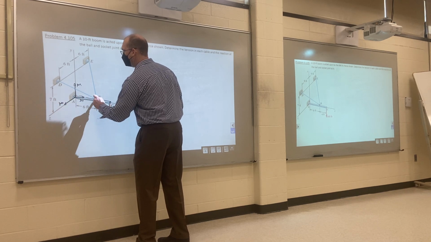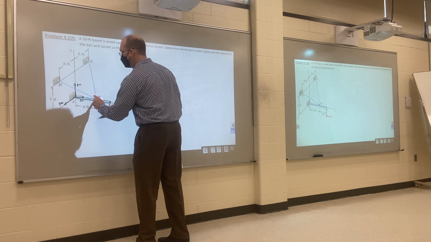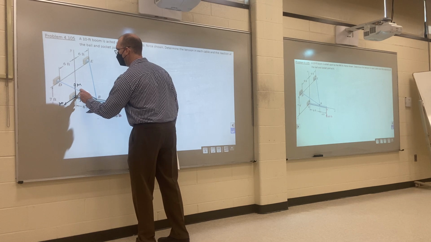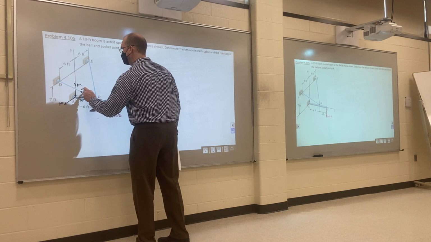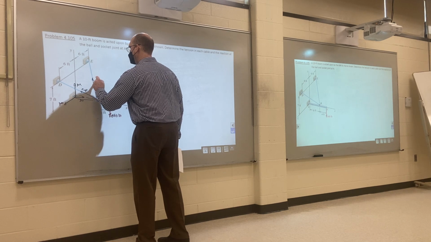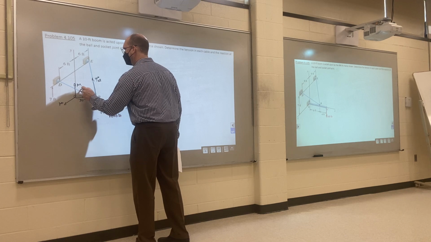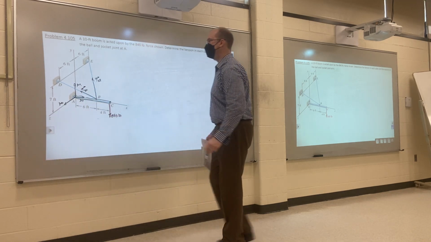And then I've got the tensile force in the two cables. The cables I'm gonna remove, and the tensile force is acting equal and opposite, so the free body diagram would show TBD and TBE. They're vector forces. It'll look just like that, right?